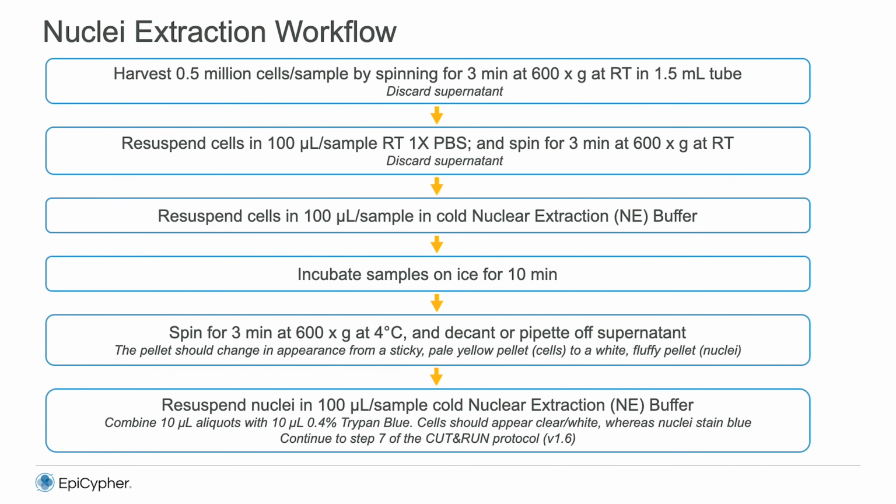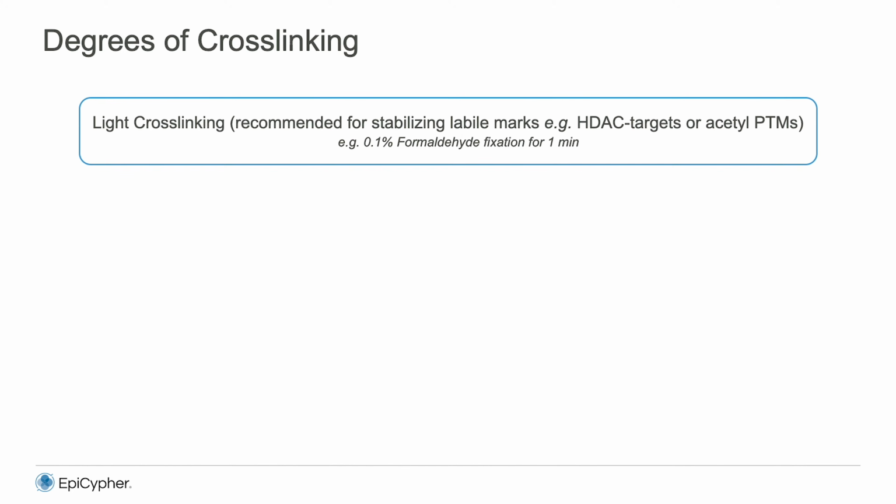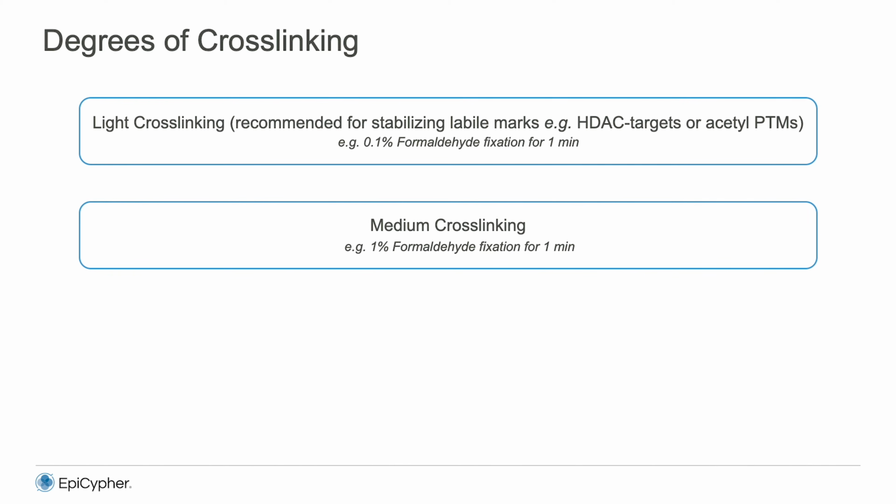CUT&RUN is compatible with cross-linked cells or nuclei, but it is important to remember that typical ChIP cross-linking is not compatible with CUT&RUN. We recommend a light cross-linking using 0.1% formaldehyde for 1 minute to stabilize labile targets such as acetyl-histone marks. Alternatively, medium cross-linking at 1% formaldehyde for 1 minute may also be used.